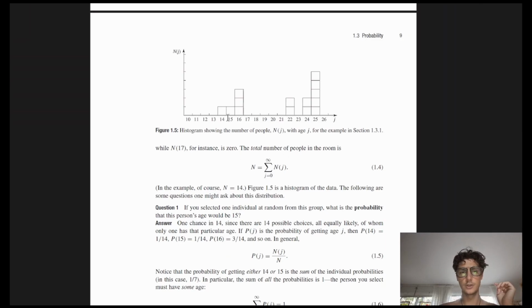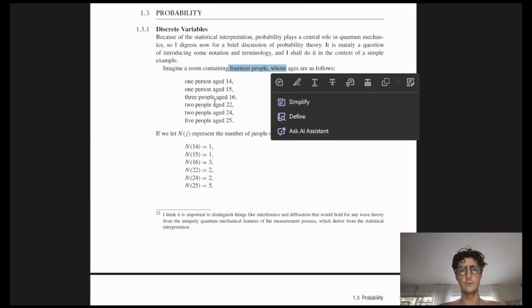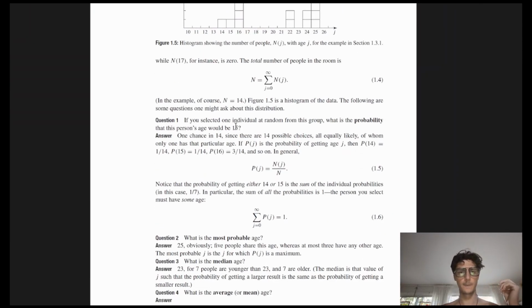Basically what this is telling you is take all these squares from j equals 0 all the way to infinity and add them up together. In this case, we can just count them: 1, 2, 3, 4, 5, 6, 7, 8, 9, 10, 11, 12, 13, 14. In our example, of course, N is 14 because they told us. Imagine 14 people in a room. Figure 1.5 is a histogram of the data.